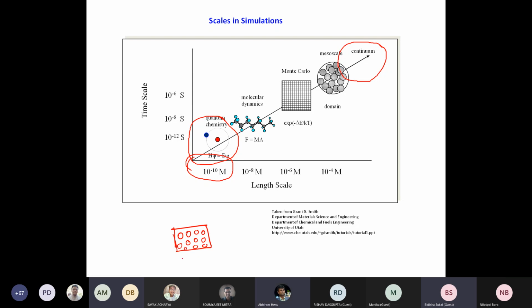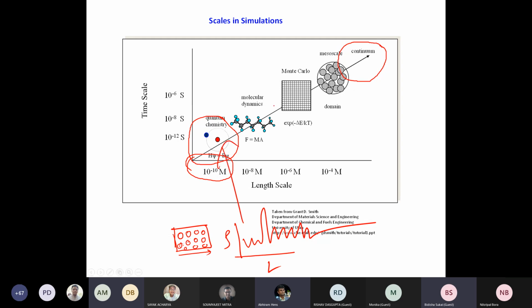If I plot the density of this box along this direction, along this length, where rho is the density and L is the length, and you consider this atomic existence, what will happen? You will get a very fluctuating plot like this, right? Because at some distance you will get an atom and at some position there will be no atom. So this is a discrete phase.